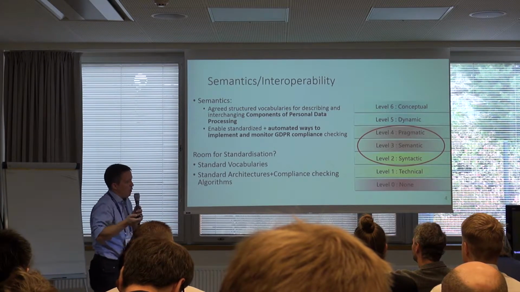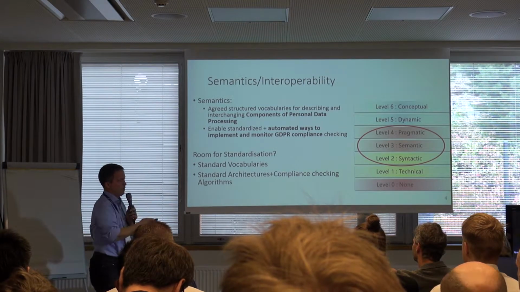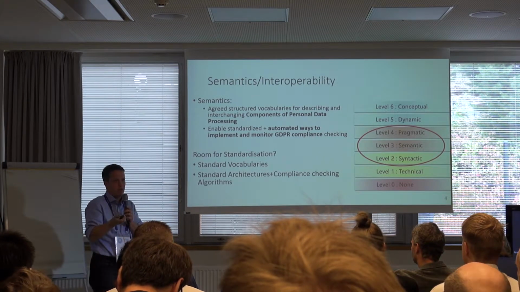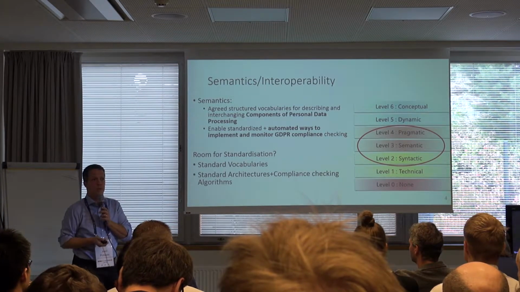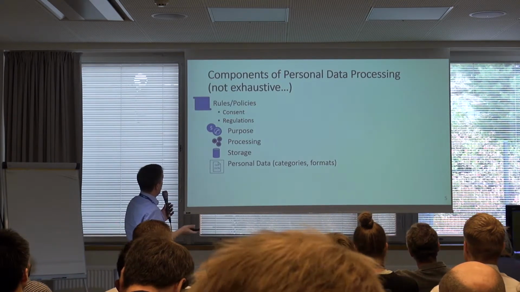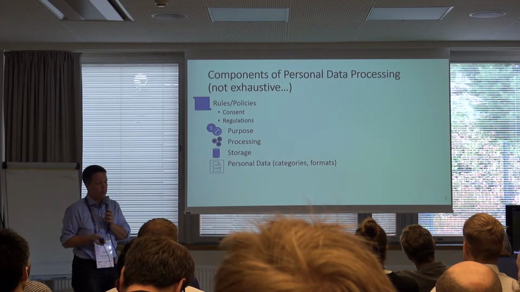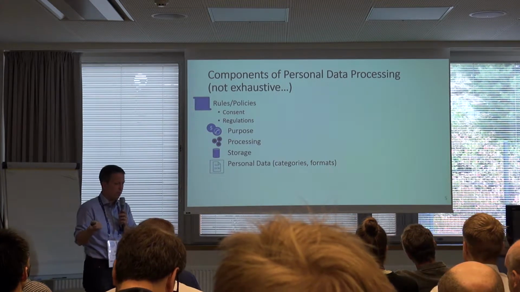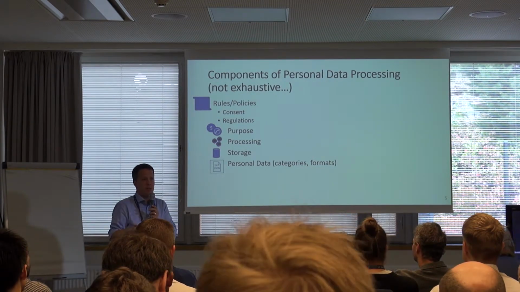And then we of course need a way to ensure that this is described in an understandable manner, like checked by lawyers, what these machine readable concepts mean. So when we think about core components of personal data processing, particularly in the context of transparency and compliance checking, we talk about policies that need to be described.